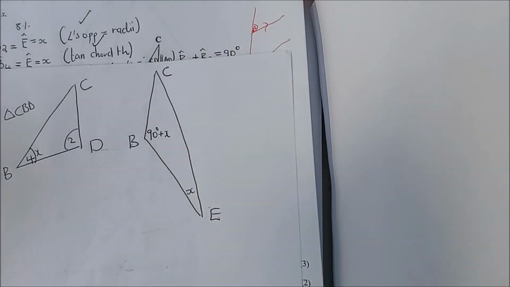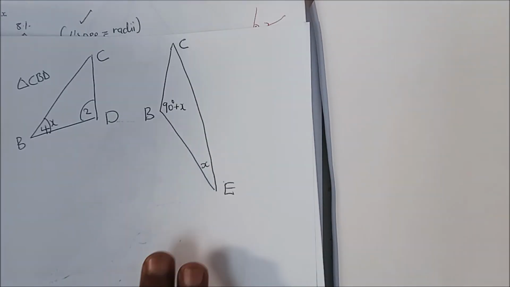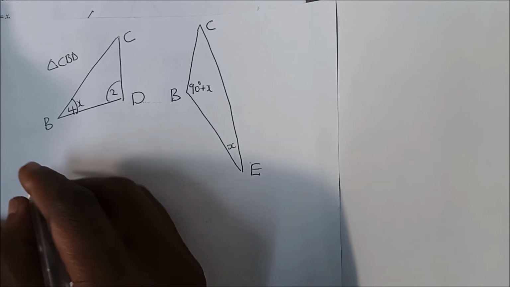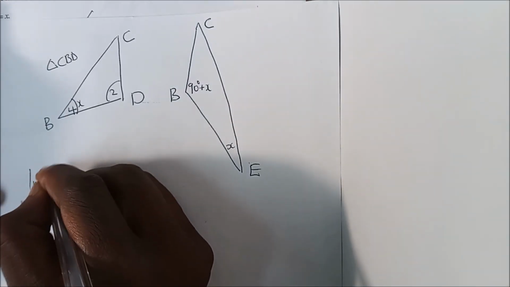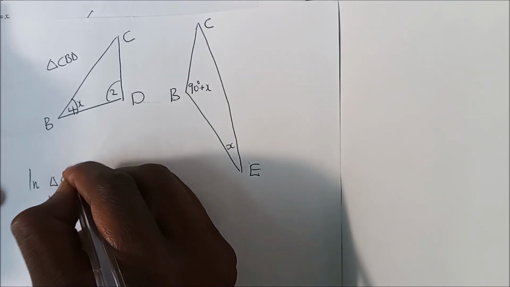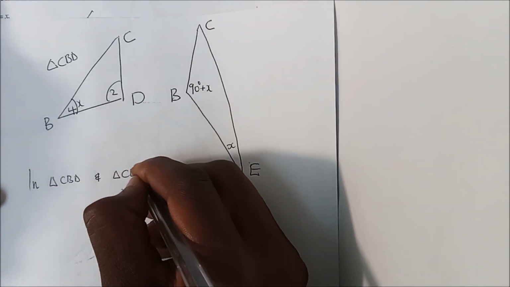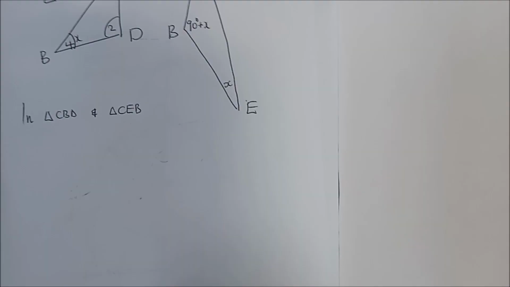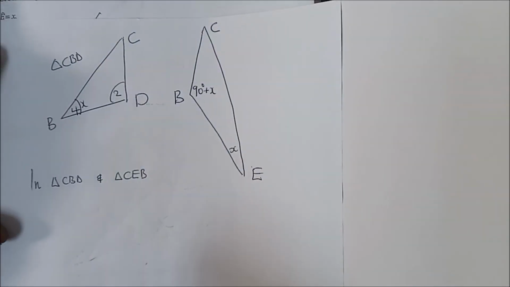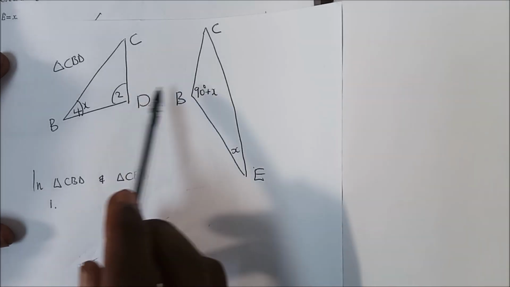So now, once you have these triangles, you just go to look for the similarity. So in triangle CBD and triangle CBE, we are going to look for similarities. We need 3 conditions. So first condition, what do you notice about these two triangles?